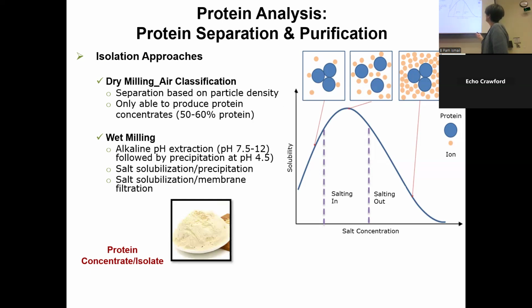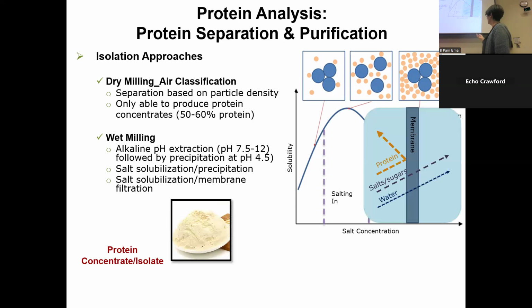So you add a little bit of salt to enhance water protein interaction, and then you add a lot more salt to precipitate. But since this is not a good approach because of the more water use, we use membrane filtration to retain the protein and get rid of the small molecular weight components, and also concentrate at the same time because water can go. So, all right.